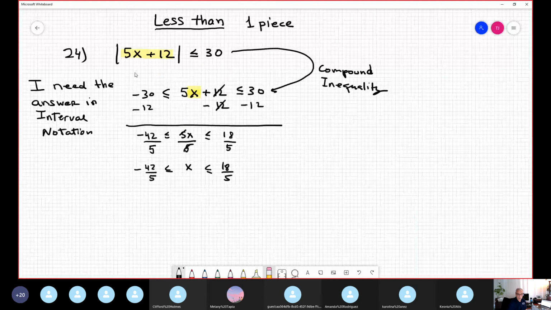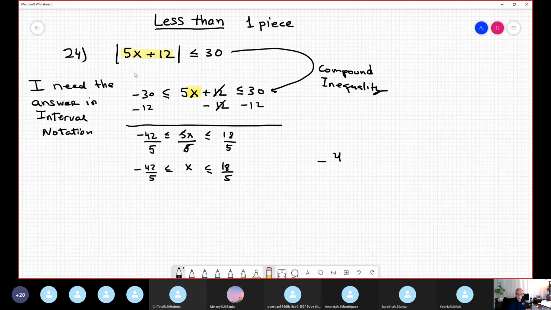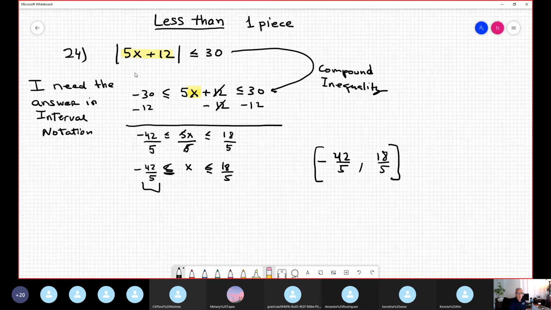So you have two bounds: negative 42 over 5 is the lower bound, and the upper is 18 over 5, separated by a comma, lower then upper, and in this case brackets, because we have an equal sign here. An equal sign includes the endpoint inside the solution. No equal sign, parentheses.